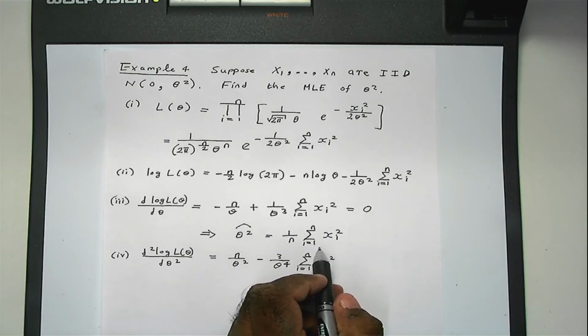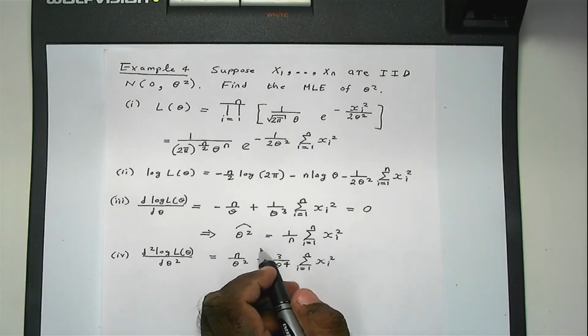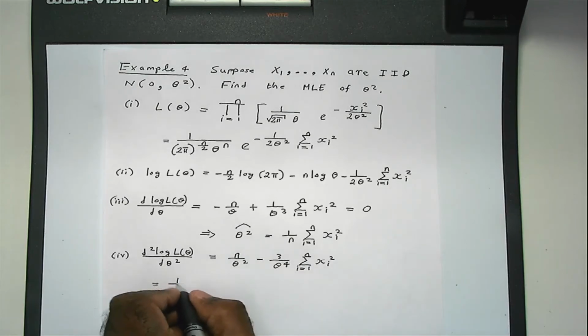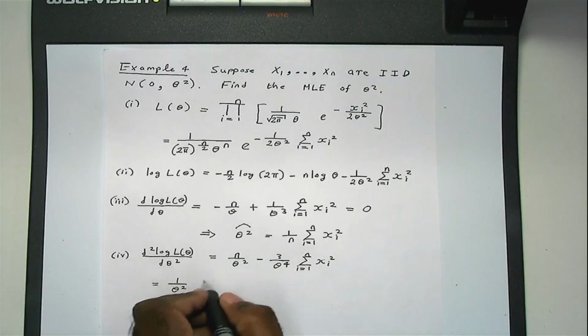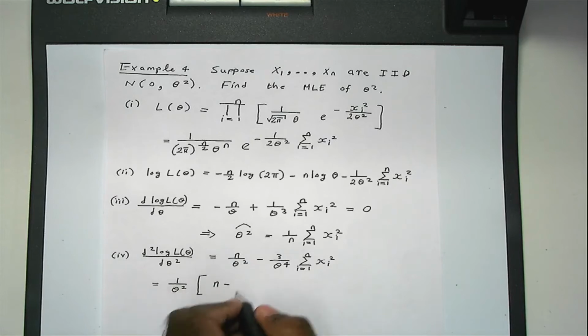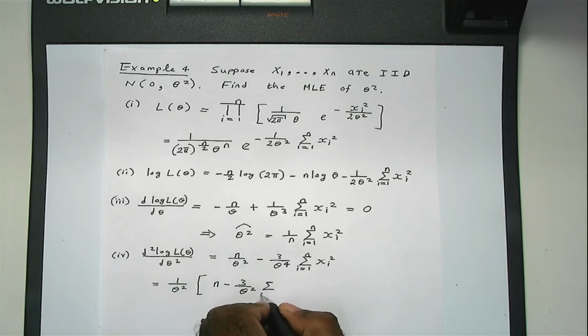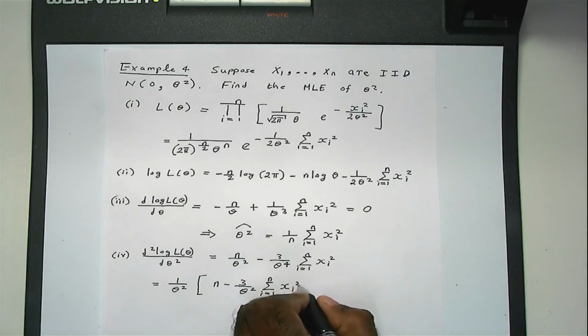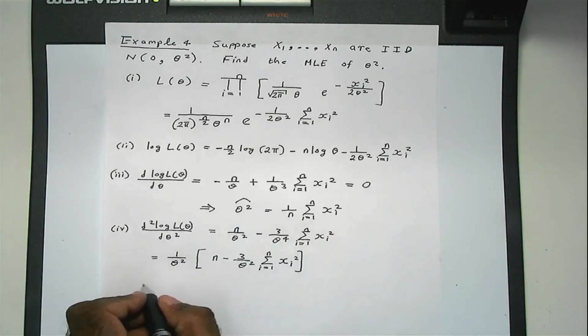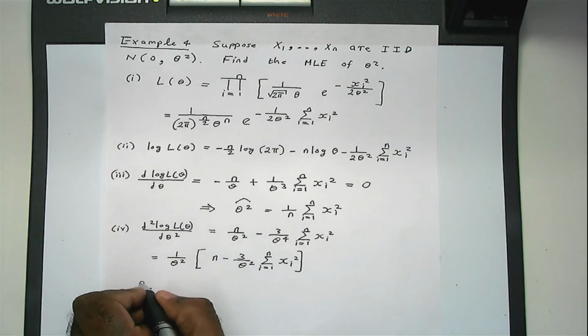There are several ways you can do this. One way, I'll show you. One, pull out the 1 over theta squared. Then in brackets you have n minus this. In the next step, I'm going to replace theta by theta hat.